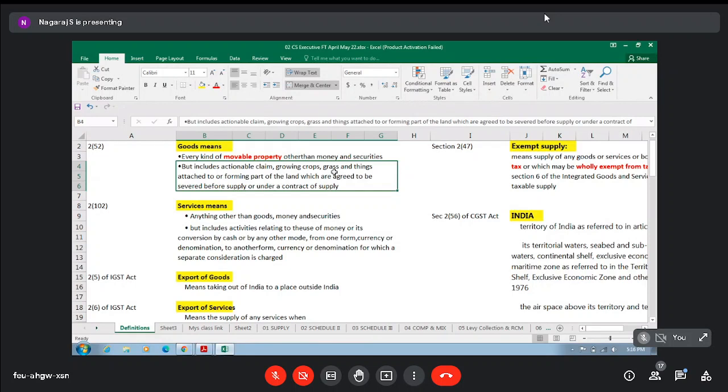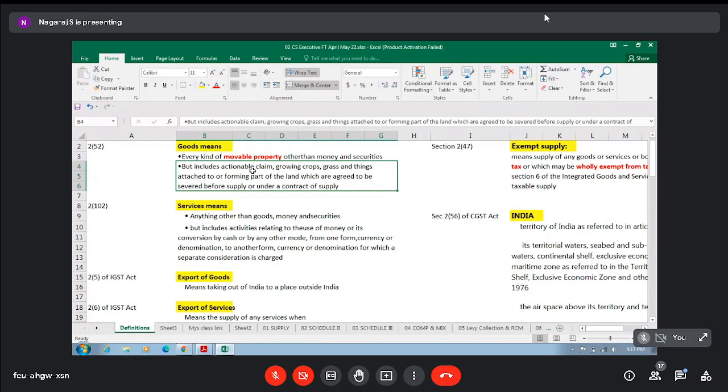The grass is the plain grass, useful for cow feeding, animal feeding. That also comes under GST. Yes, if before cutting you enter into an agreement with a person who owns the land in which grass is grown, then also it becomes goods.